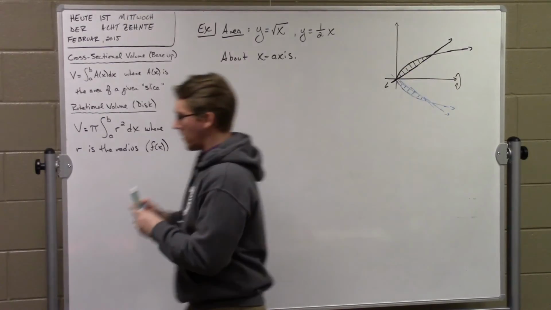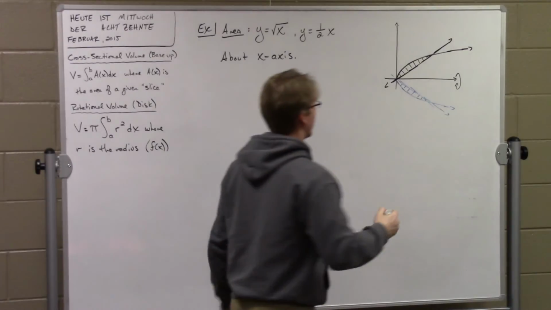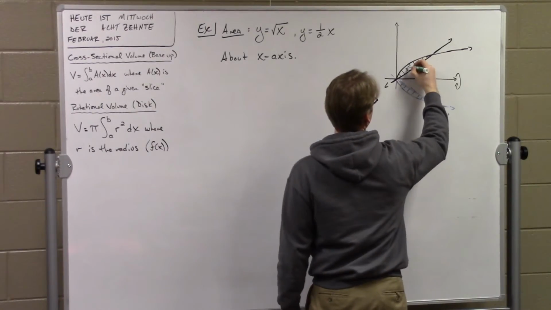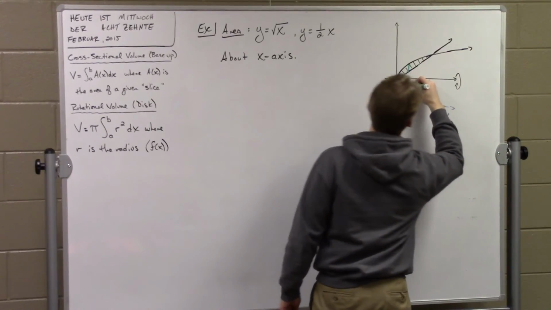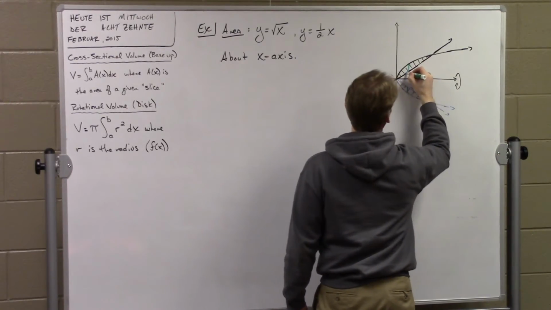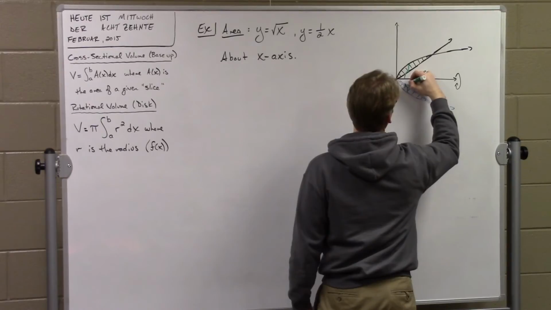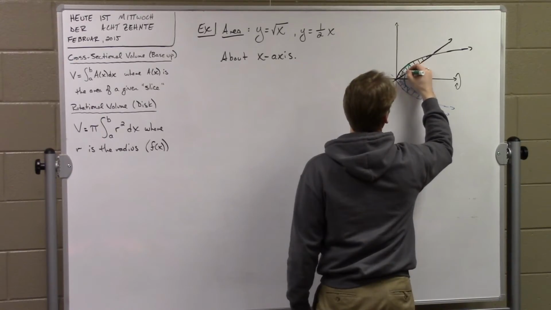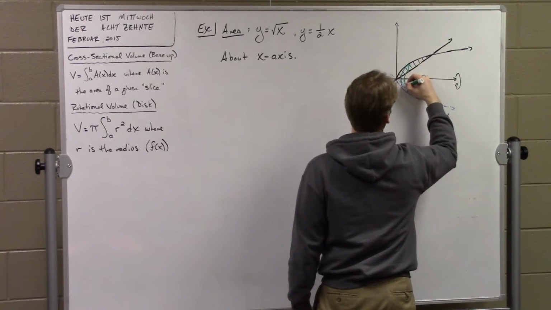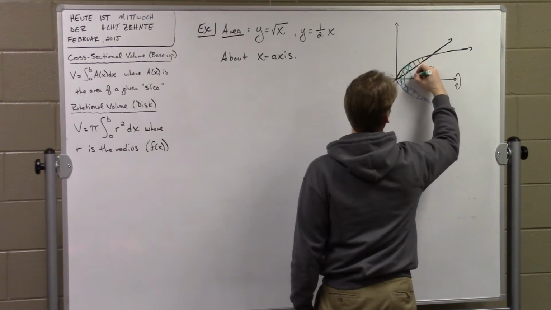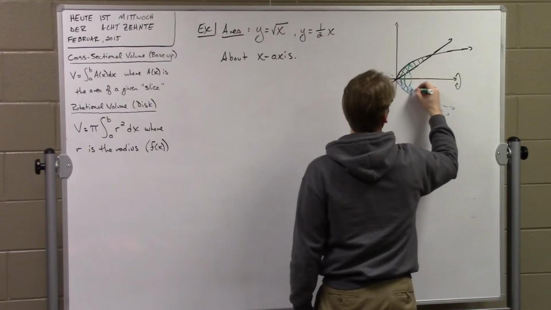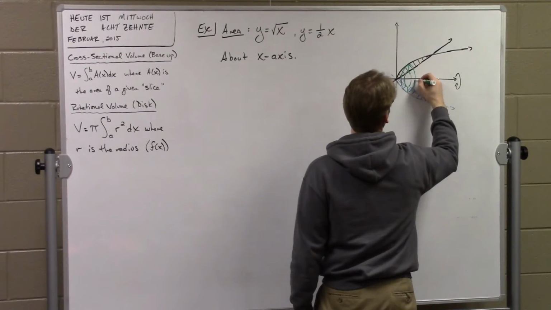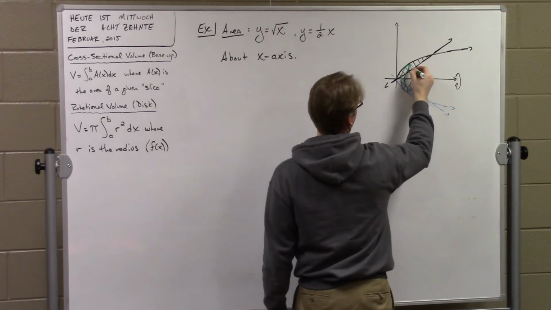Very good. When I slice it, let's say I slice it right here. When I spin that, I'll do a good 3D here. So that might be what one particular slice is going to look like.